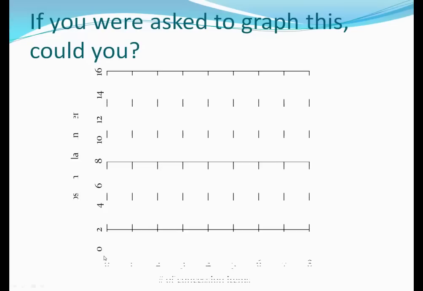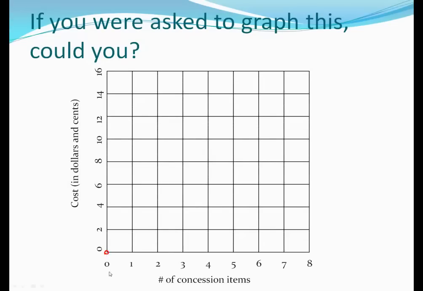So it's going to start right here. And since it was 1.75x, that's our slope, 1.75 over 1. So it should go up 1.75 and then over 1. Notice these go up by 2 and these go over by 1, so it doesn't look exact. But it should be somewhere in this area if this graph was done correctly.